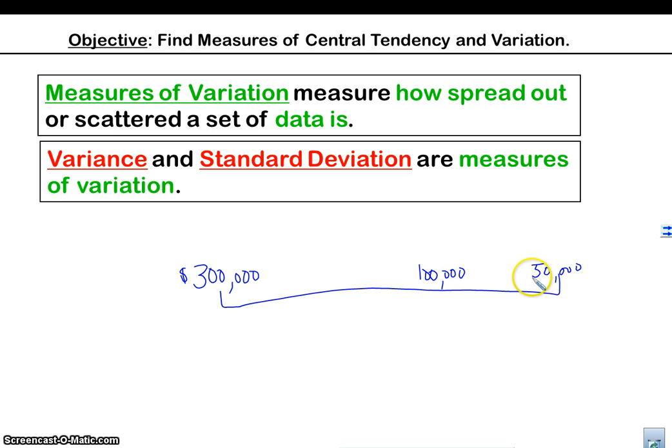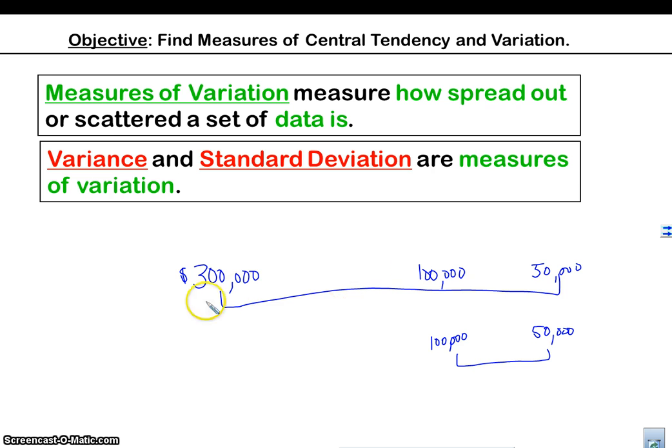And if I had a company that was just this, and I had a measure of how far these were, and I knew what that measure was, I could say, well, wait a minute, these are much closer together. I'm more likely to get paid around the same than in this case where they're really far apart. I don't know what I'm going to get paid because there's so many different variation in here.